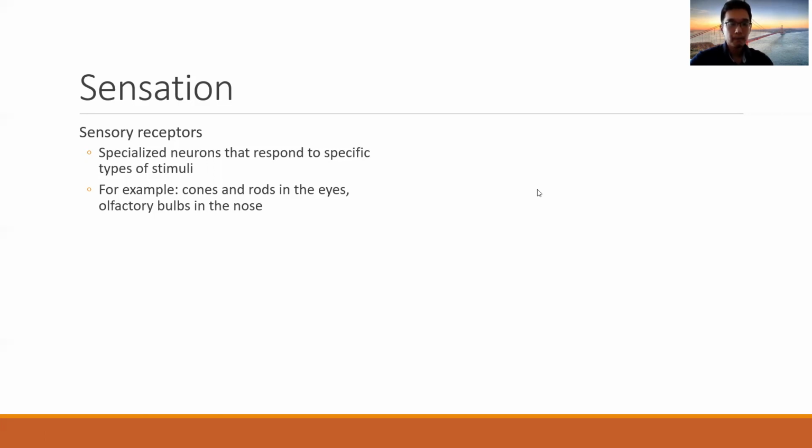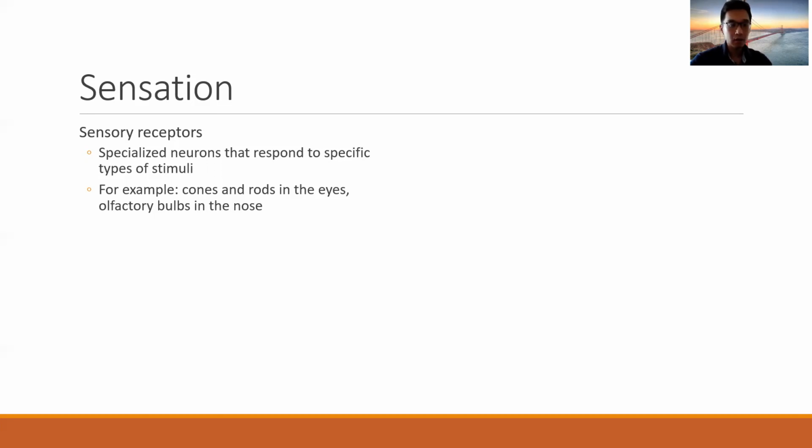So what kind of cells receive this sensory information? There are some very specialized neurons. The neuron is the basis of the neural system, and it is a very specialized type of cell in the body.